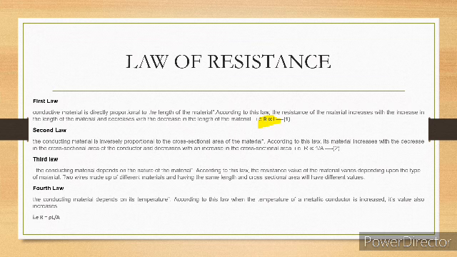Now coming to the second law. The second law states that the resistance of a conducting material is inversely proportional to the cross-sectional area of the material.